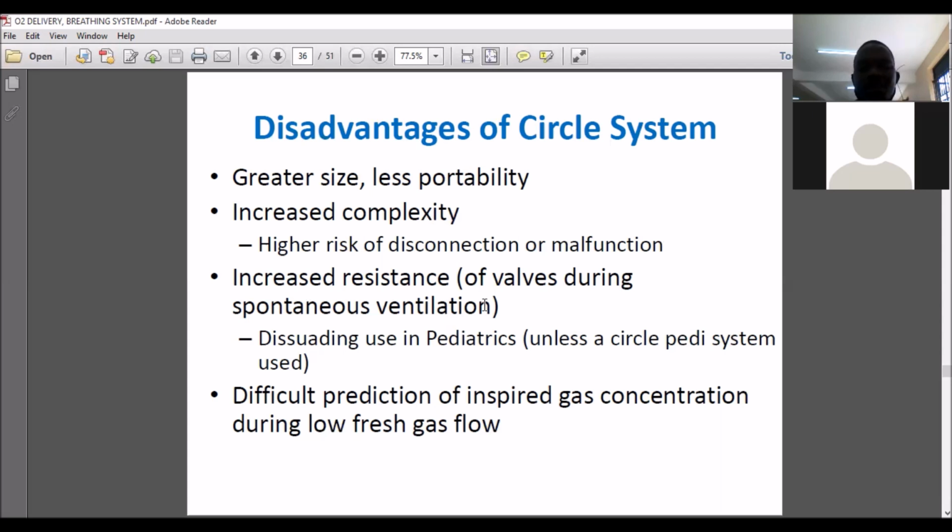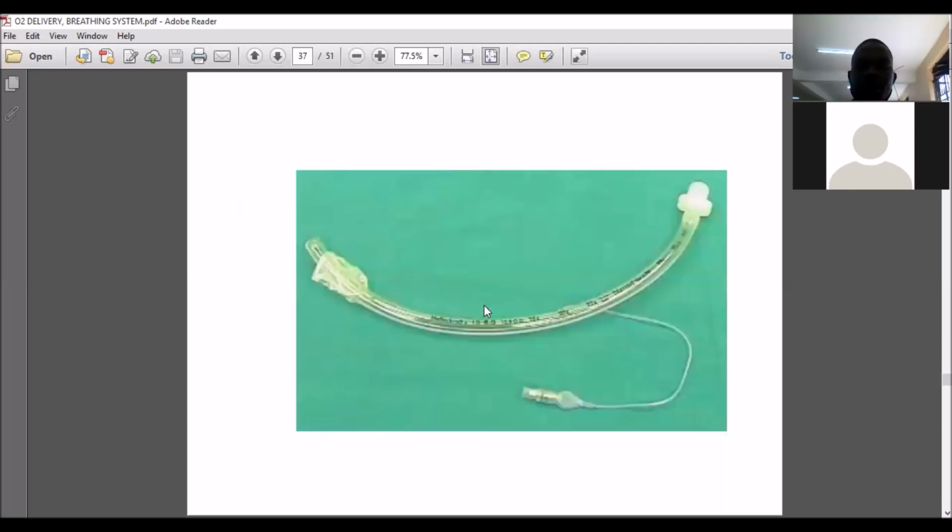They do not use it in pediatrics because of the resistance. Difficult prediction of the inspired gas concentration during a low fresh gas flow. Your question about how you determine the gas flow: there is difficulty in predicting the inspired gas concentration during low fresh gas flow, so you may not predict very well.